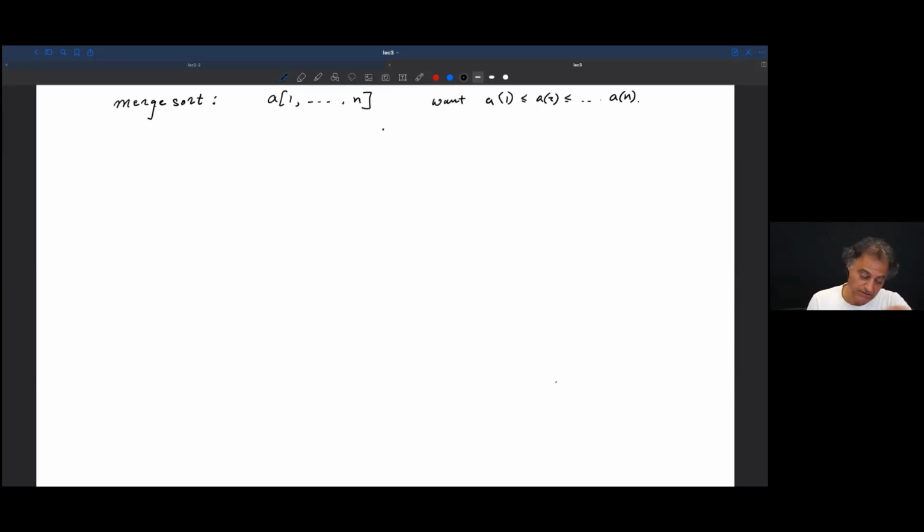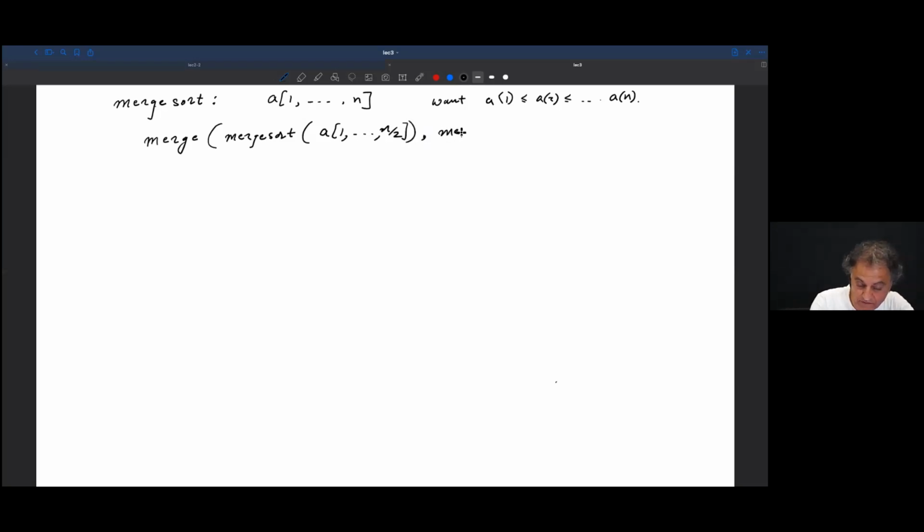All right, so how does merge sort look? Well, what you do is you merge two sorted lists. So you divide the list into two parts. So you first run merge sort on A1 through n over 2.